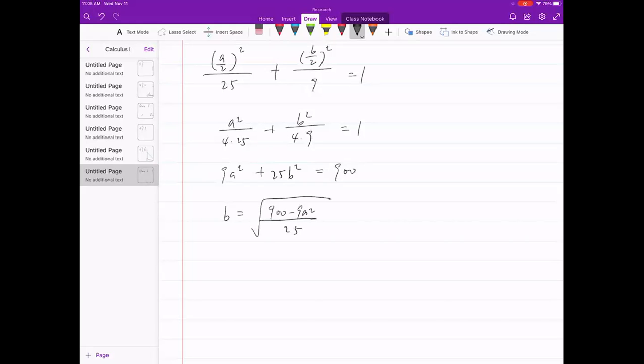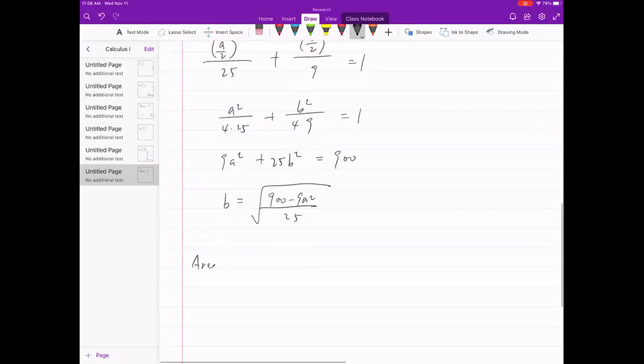You have positive or negative choices. We just take the positive one. Then the area becomes a times this. As the size of a changes, a goes from as small as 0 to as far as 10.